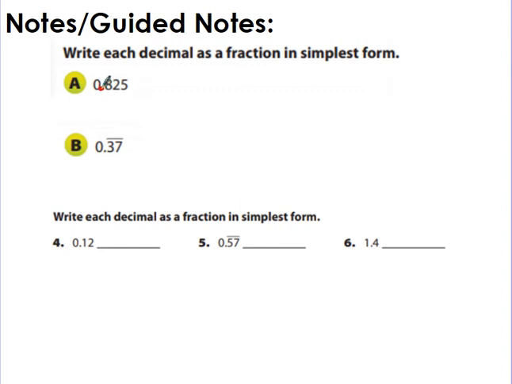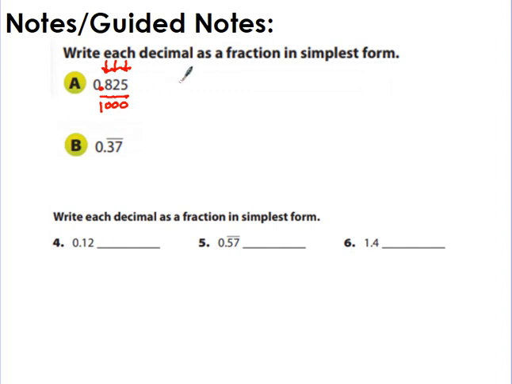So here's my decimal point, and I have 1, 2, 3 values after the decimal point. That means I'm going to put all that over 1 with 3 zeros, because we're always going to have 10, 100, 1,000, 10,000 in our denominator for decimals, because this is tenths, hundredths, thousandths. Because it's 0.825, that's 825 thousandths, so I'm going to put thousandths in my denominator.